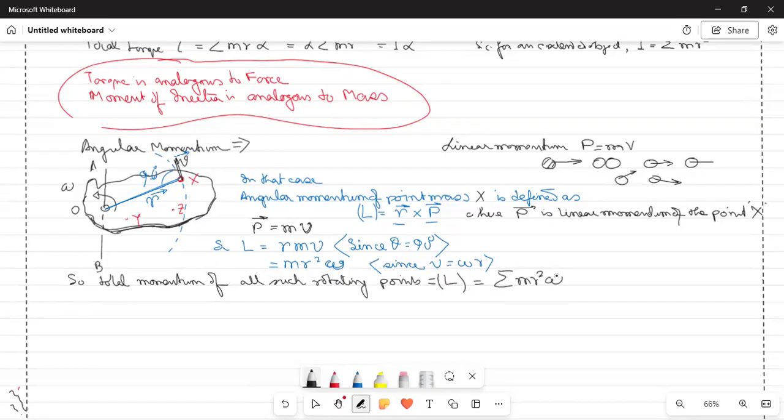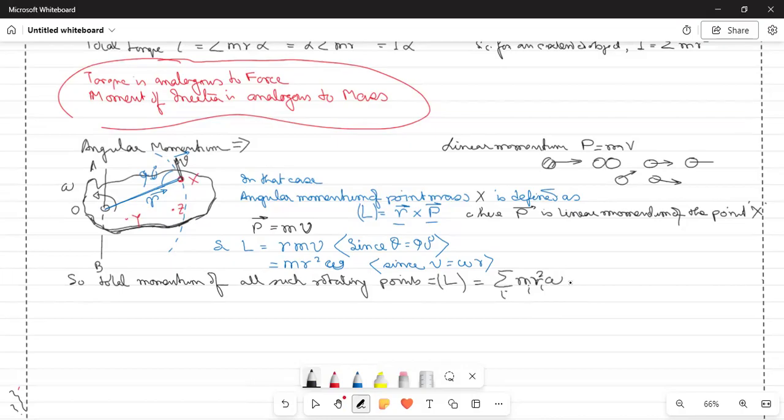For the sake of mathematical representation, sometimes we write I here and summation over I, etc. These are all mathematical representations, but omega is definitely angular velocity, the same for all the points.